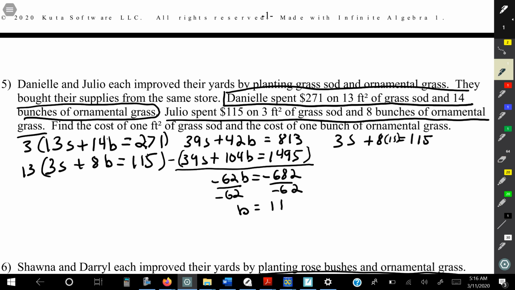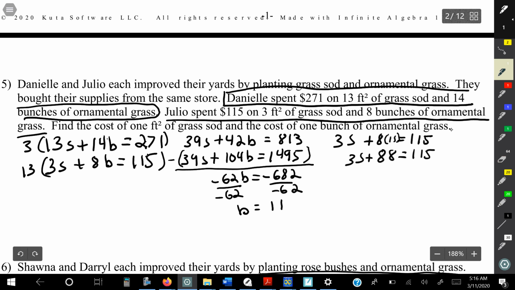So now I have 8 times 11, which is going to get me 88. So now I'm going to subtract the 88 on both sides. Then 3s is going to get me 27, and divide by 3, and s is equal to 9.